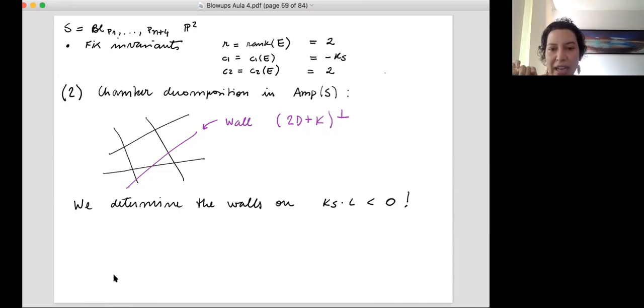So remember that if I have a P2 blown up at least 9 points, then the anti-canonical bundle is no longer ample. So I recall that we had a part of the cone in the negative part of the hyperplane, the cone of curves, which was generated by those -1 curves.